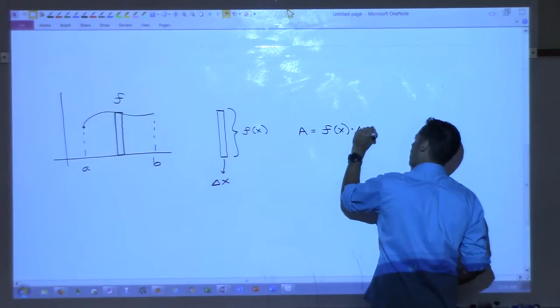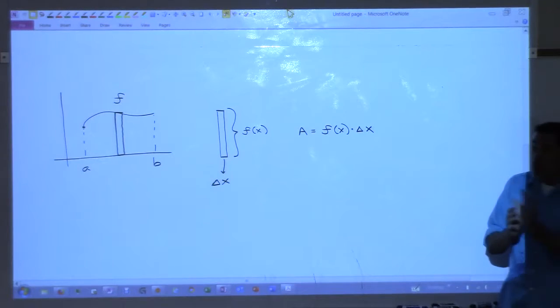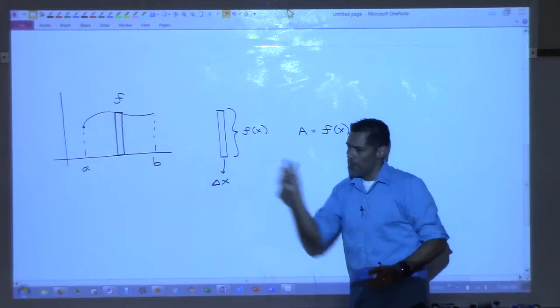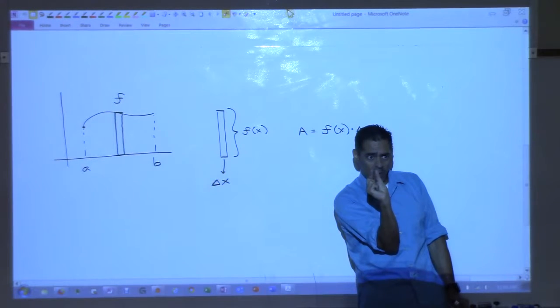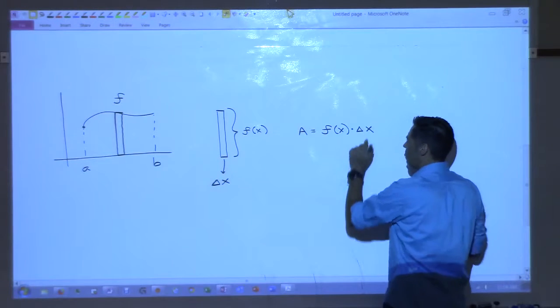times delta x. Now, what we did was we let the number of these things go to infinity, the number of rectangles, which made this width become infinitesimally small, right? And when we start talking about infinitesimally small, this delta x changes.